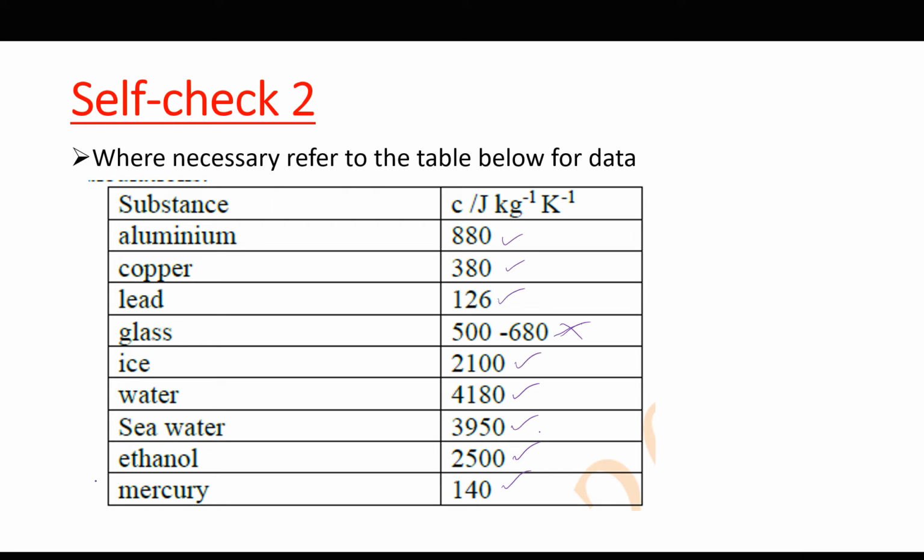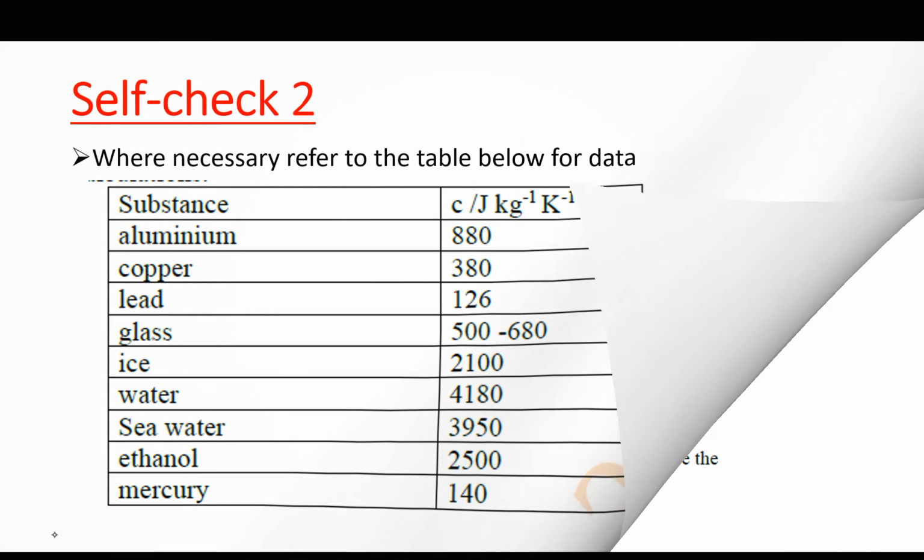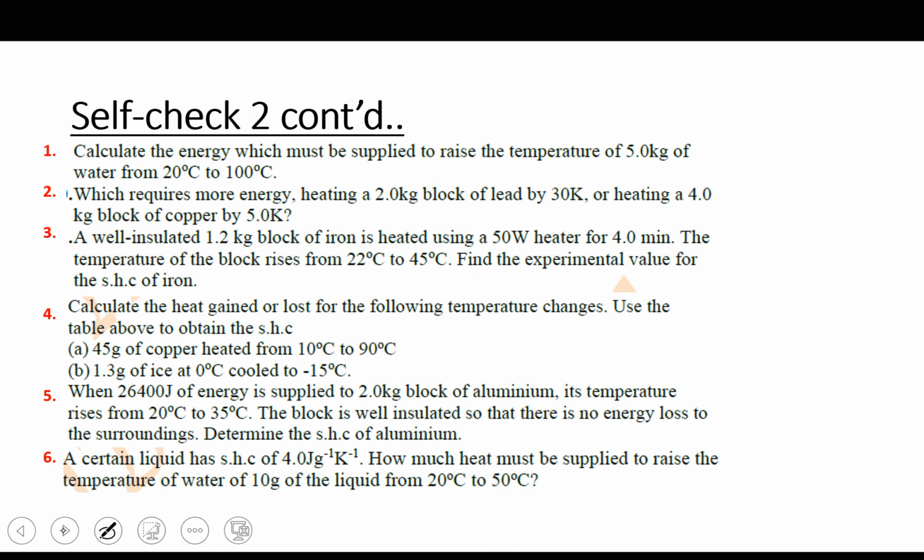Using that table, you should be able to attempt the self-check on this page. You have 6 questions to attempt in self-check 2, and I think this will be the end of this lesson.